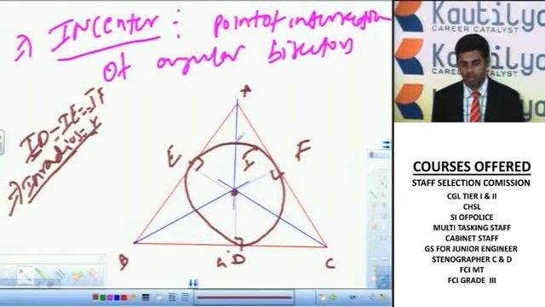Don't worry about the circle. This will be the form of the incircle. So IE, ID, IF are the radii, that is the inradii, of the given circle.